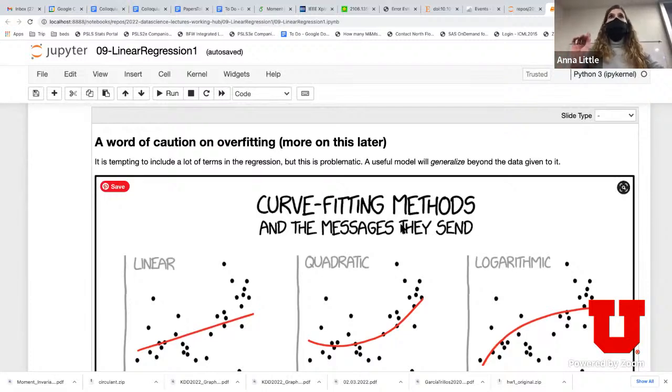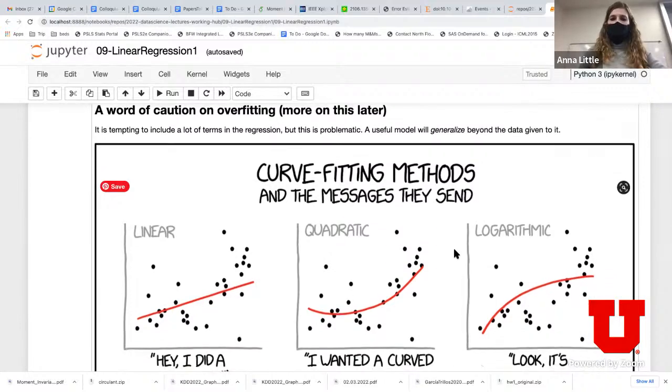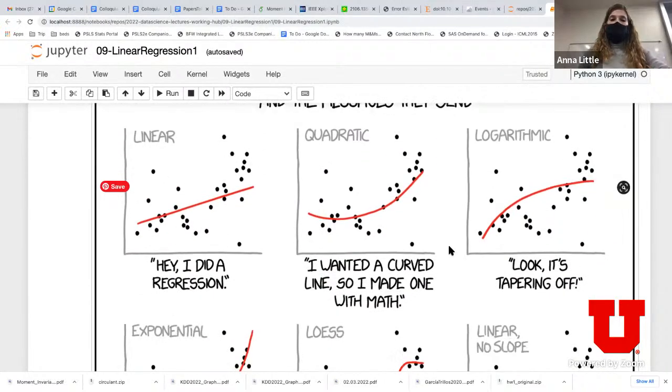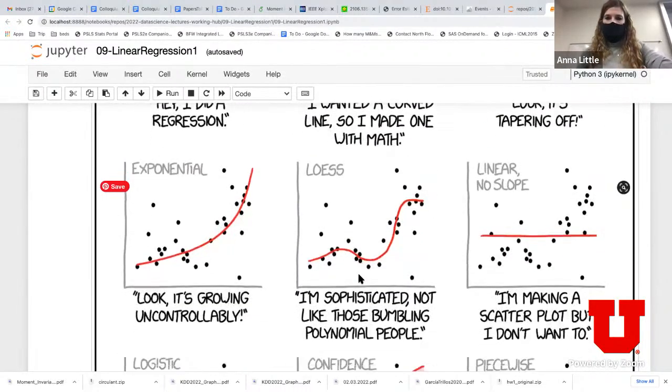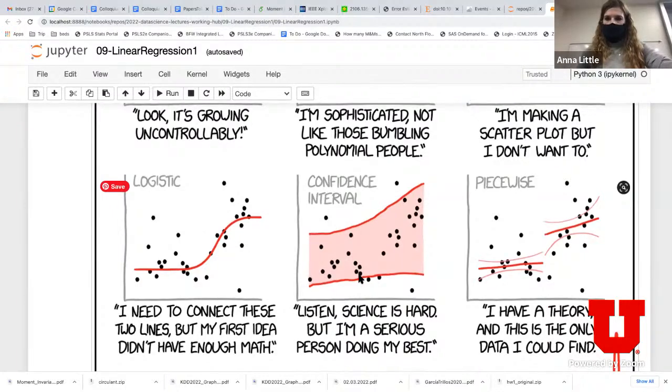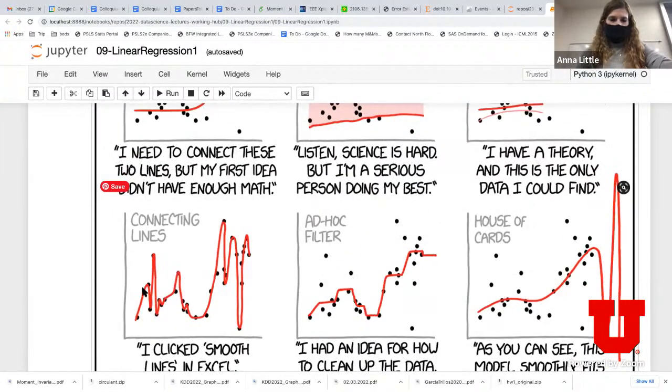You don't want to use more variables than you need. As you can see, from the same set of points, you can do all kinds of things. And some of them, like this one right here, fit the data really well, but are going to be a terrible model, right? It's fitting every single little noise in the data.